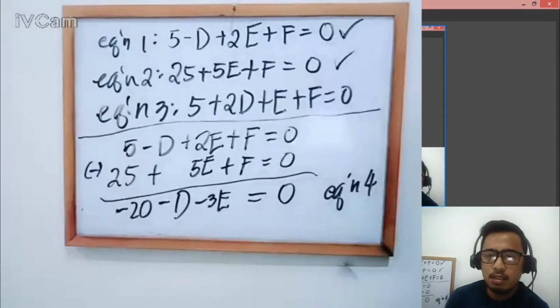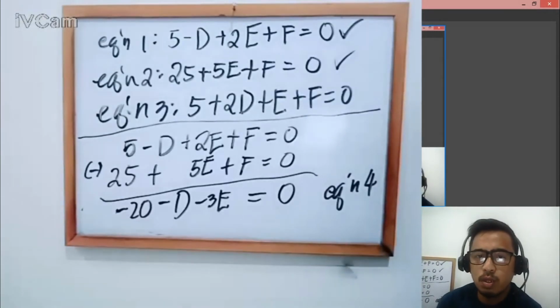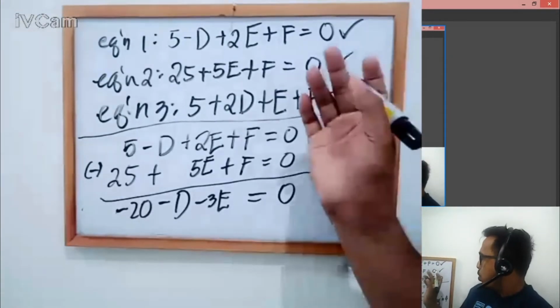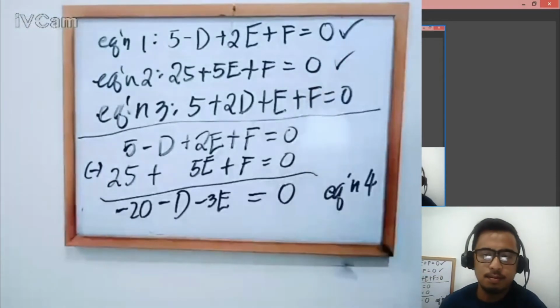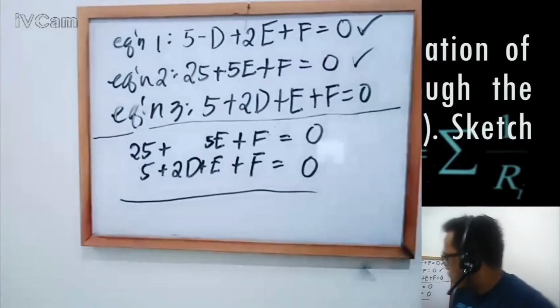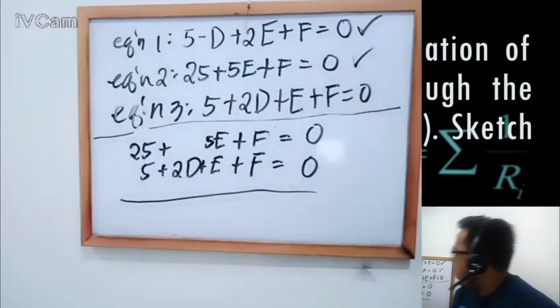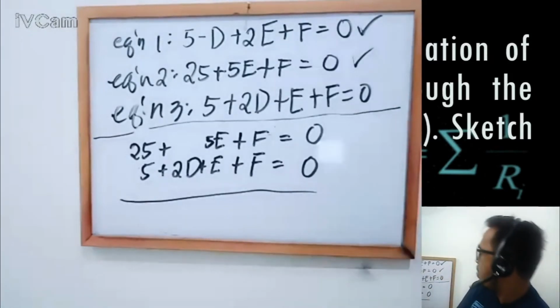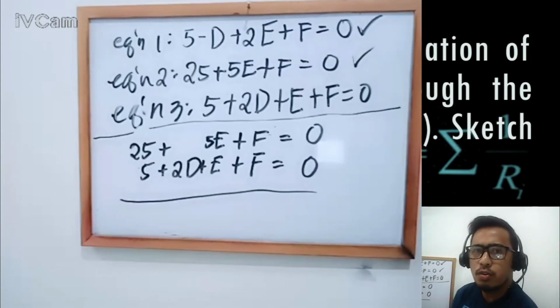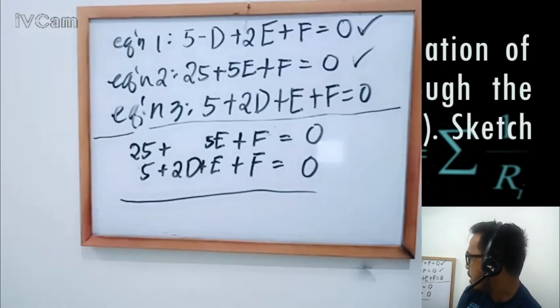The next thing that we will do is combine equation 2 and equation 3. For equation 2, we have 25 plus 5e plus f equal to 0. For equation 3, we have 5 plus 2d plus e plus f equal to 0.